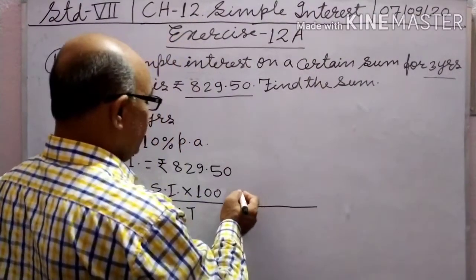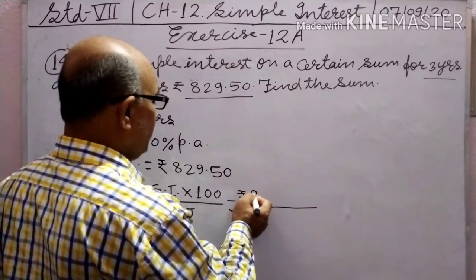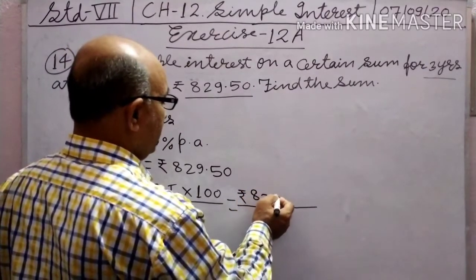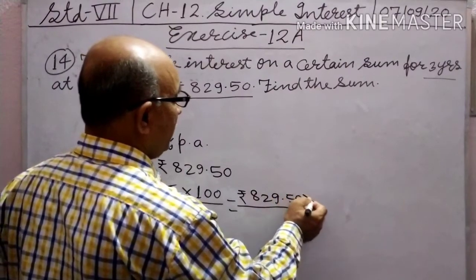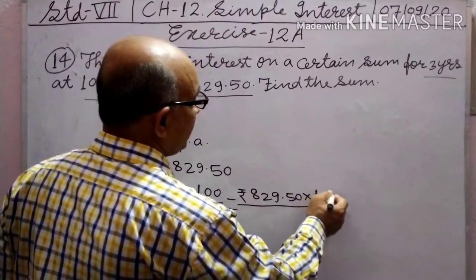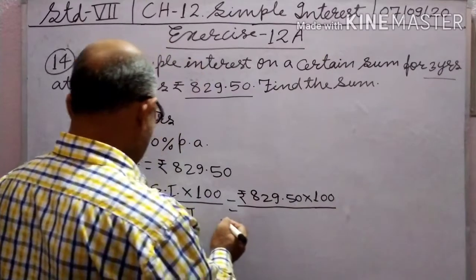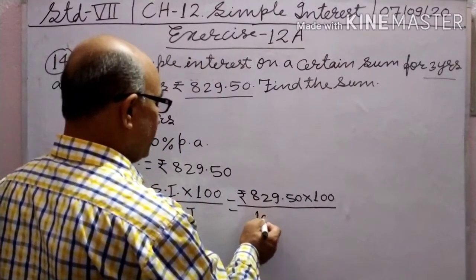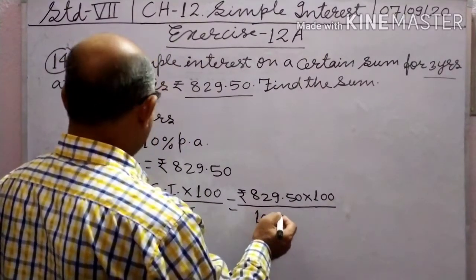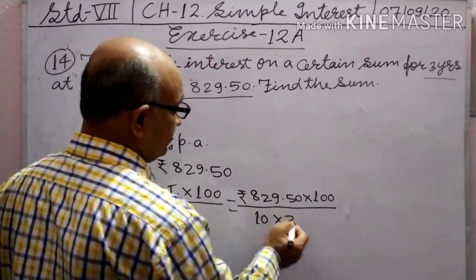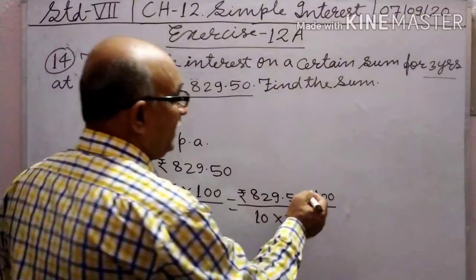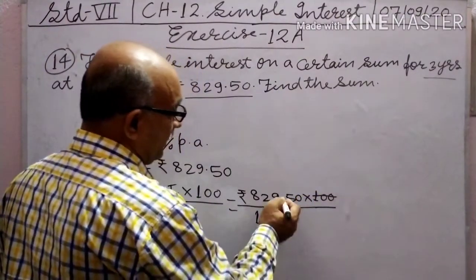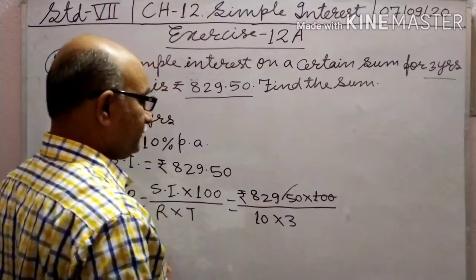P equal to SI, rupees 829.50, into 100 by R equal to 10% and T equal to 3 years. 829.50 multiplied by 100, so its decimal is cancelled.